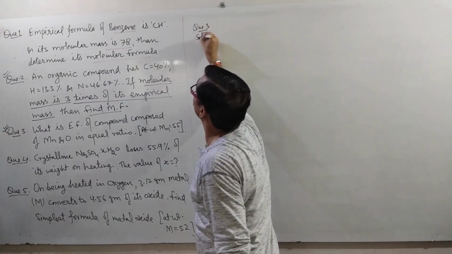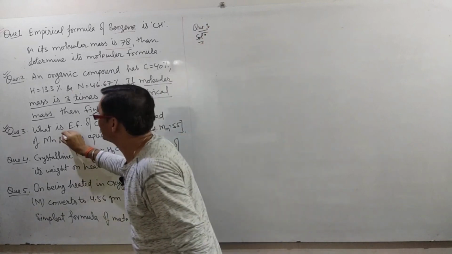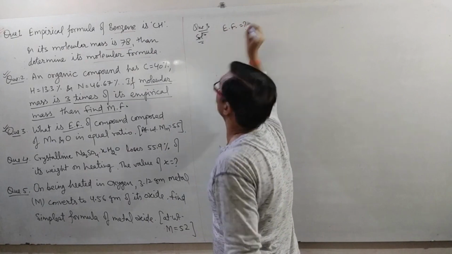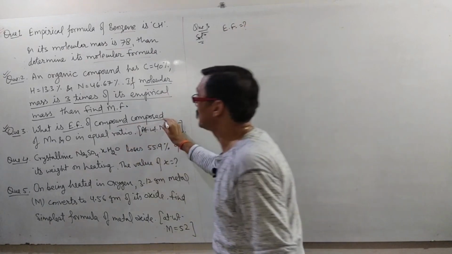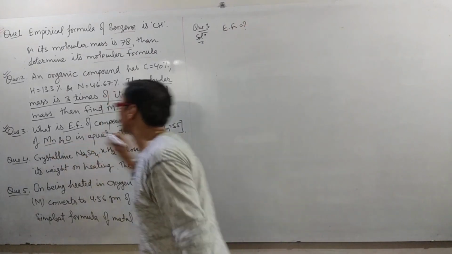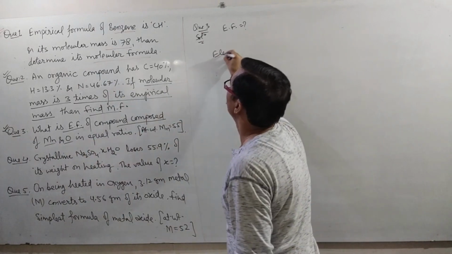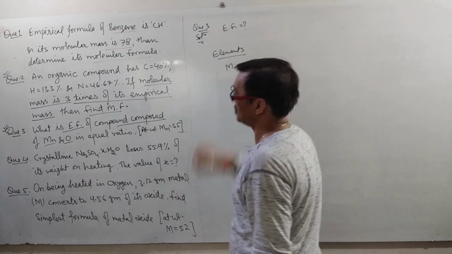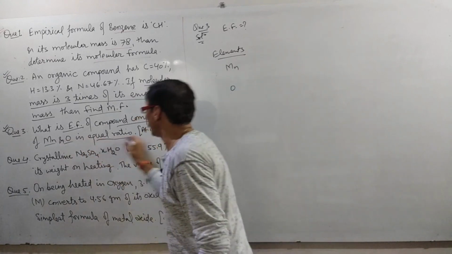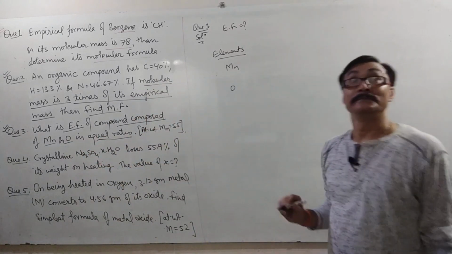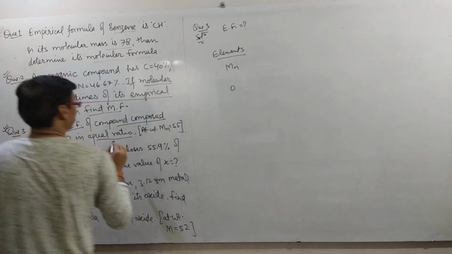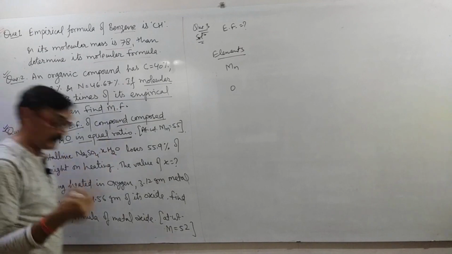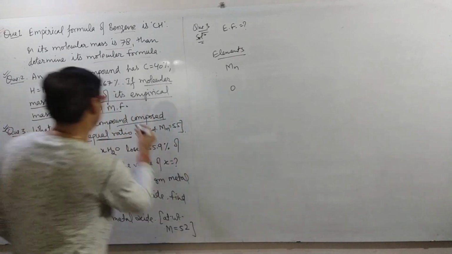Third question. What is the empirical formula of the compound composed of manganese and oxygen? The elements of the compound are manganese and oxygen in equal ratio. But is it in number or in mass?